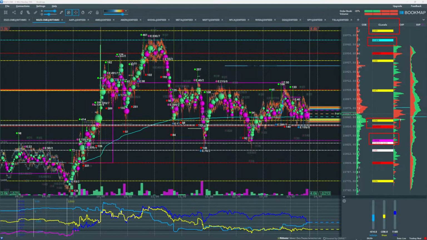Right now you can't see the label, but the 15,825 NDX call wall absolute gamma strike is in there in that cluster of levels.